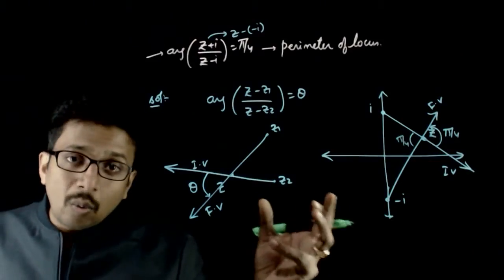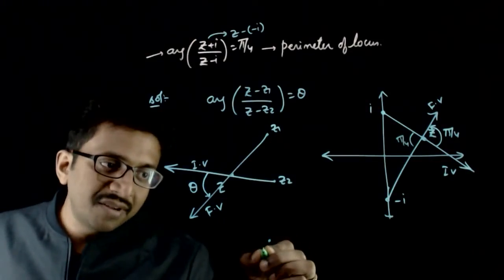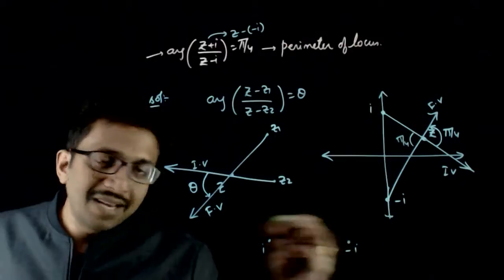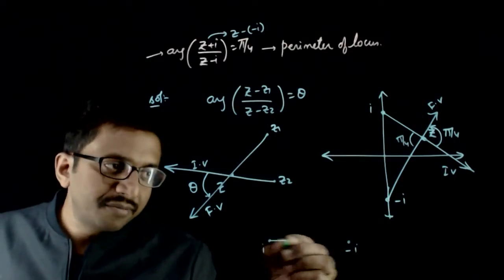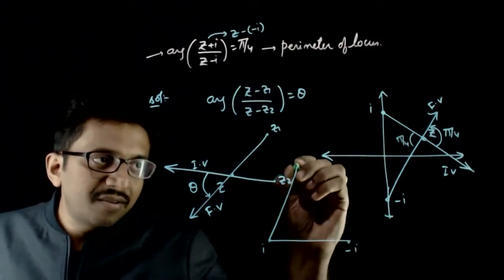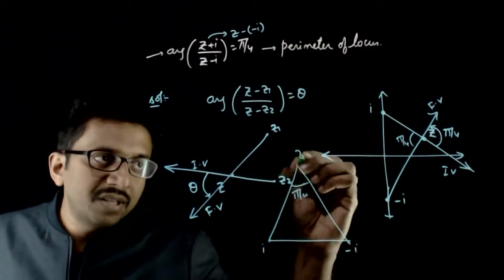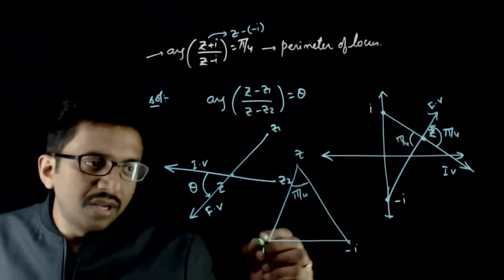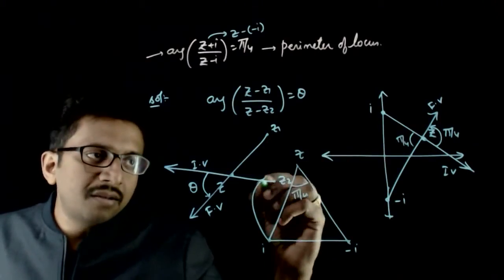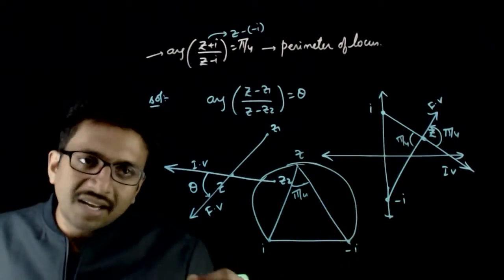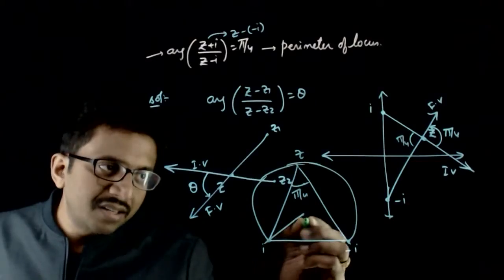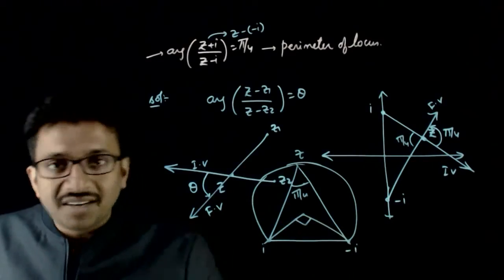So let me see what that circle is. If I have i and minus i here, you have z such that this angle is equal to pi by 4. So z can lie on a segment of a circle such that the chord makes an angle of 90 at the center.